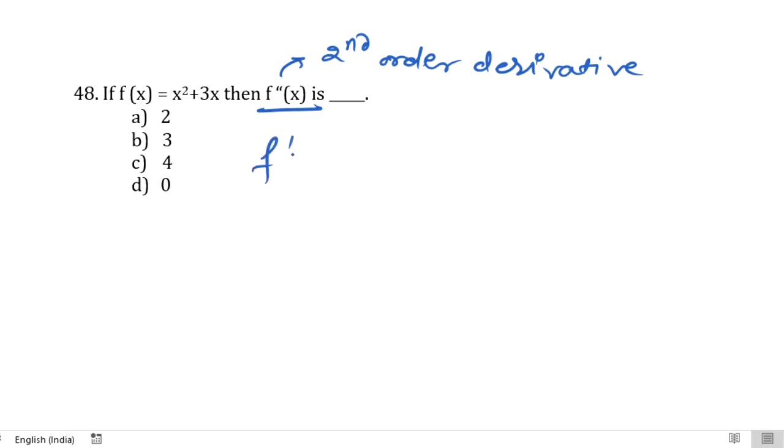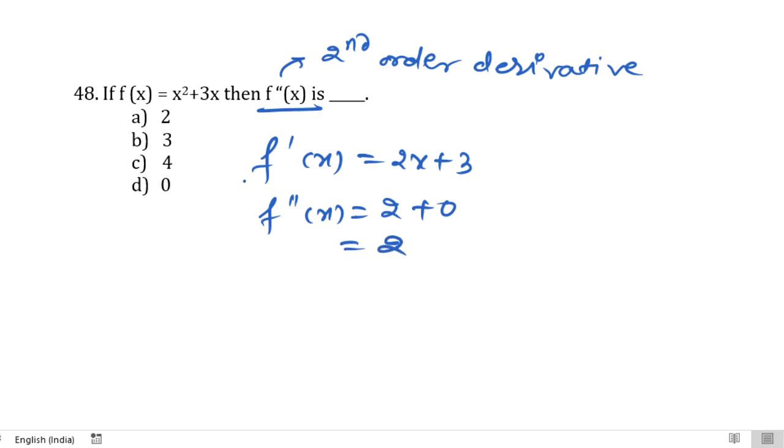What is f dash x? f dash x is nothing but the derivative of x square, which is 2x, and the derivative of 3x, which is 3. f double dash x: the derivative of 2x is 2 and the derivative of 3 is 0. So the answer is 2 and hence option A is correct. Okay, let's move on to the next question.